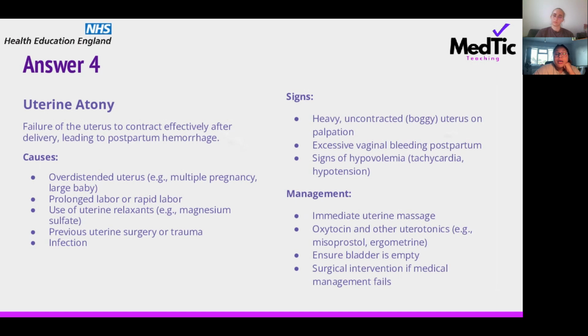You want to immediately do a uterine massage, consider oxytocin and other drugs such as misoprostol, and ensure the bladder's empty. If all else fails, very rarely, they'll have to decide about surgical interventions, the extreme being a hysterectomy, but that's quite rare in those circumstances.